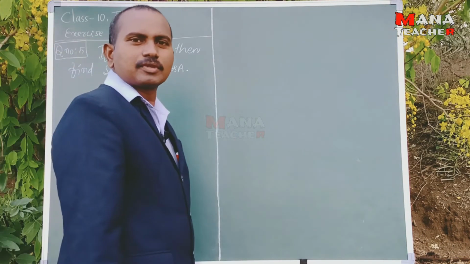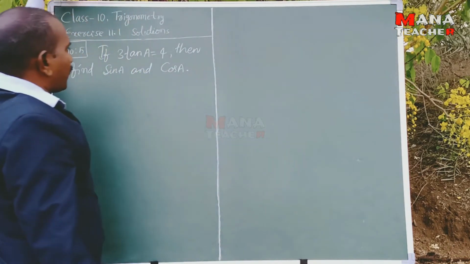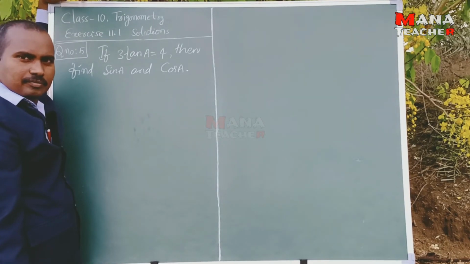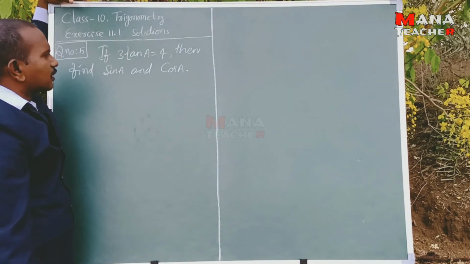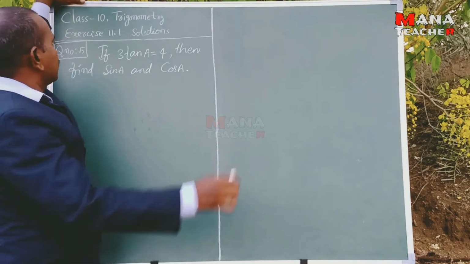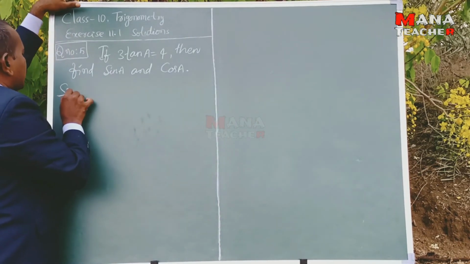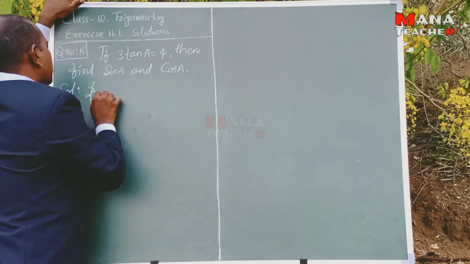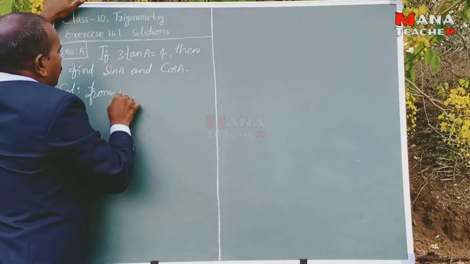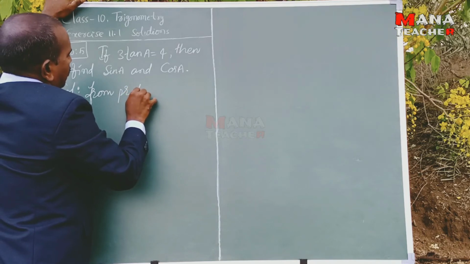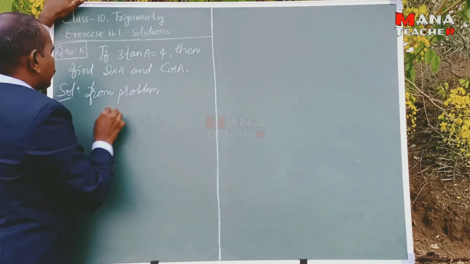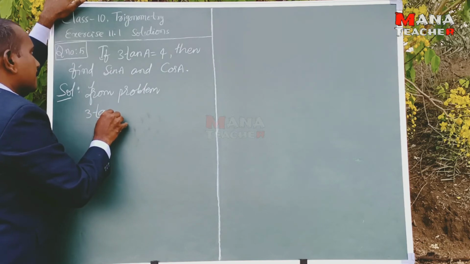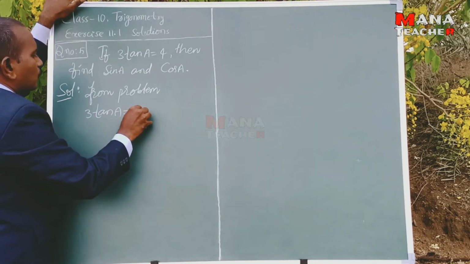Now the other solution, question number 5. If 3 tan A equals 4, then find sin A and cos A. So very simple, from the problem, 3 tan A equals 4, given.